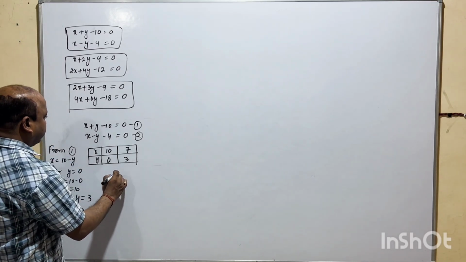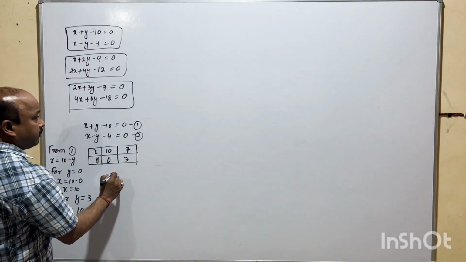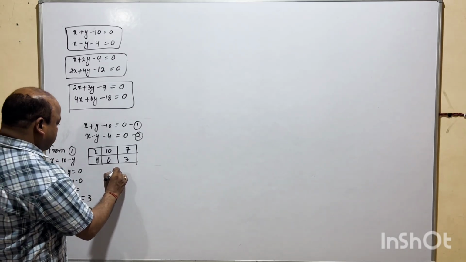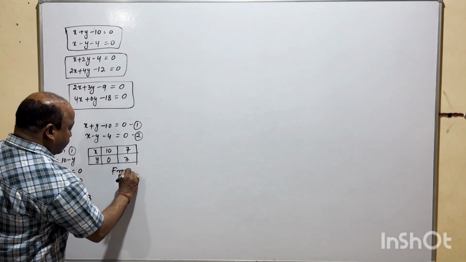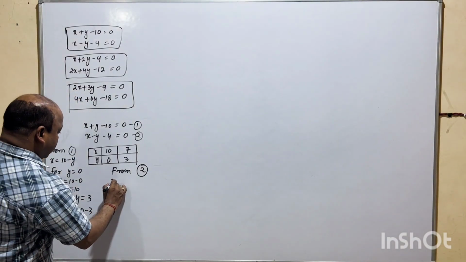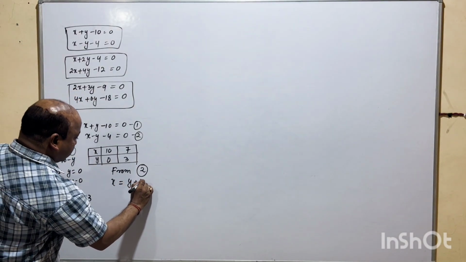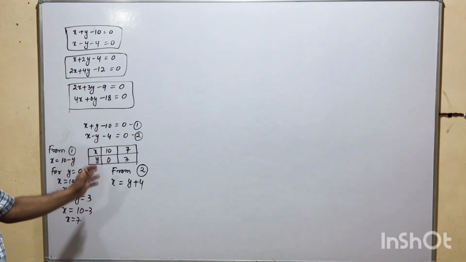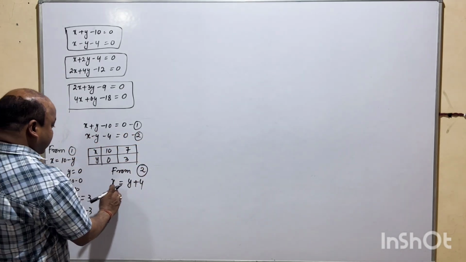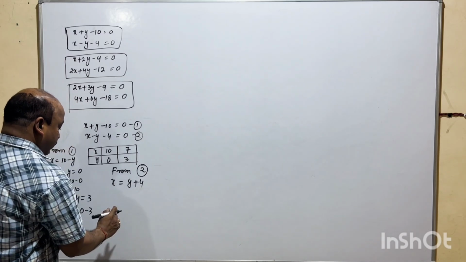Similarly, from equation 2, x is equal to y plus 4, taking y and 4 to the RHS. It is x is equal to y plus 4.